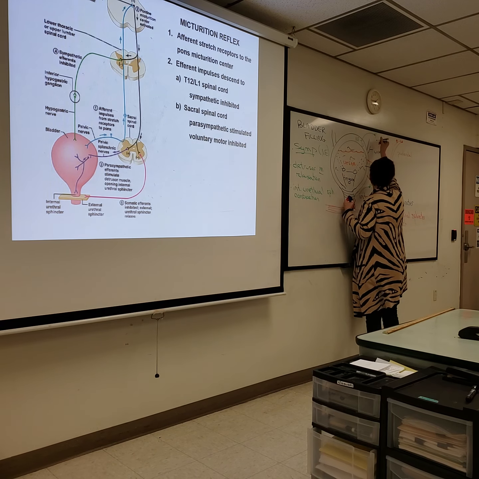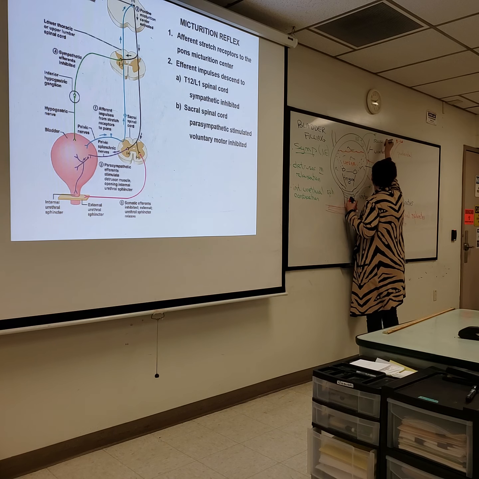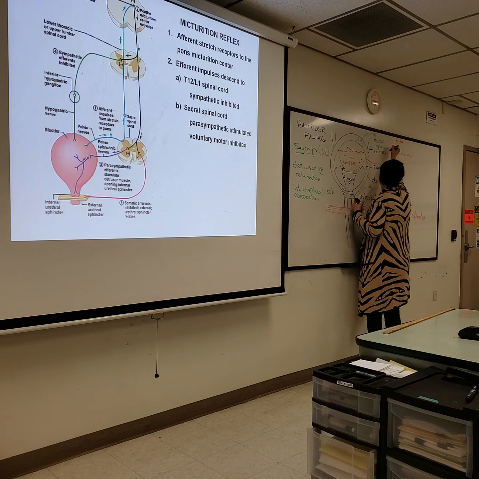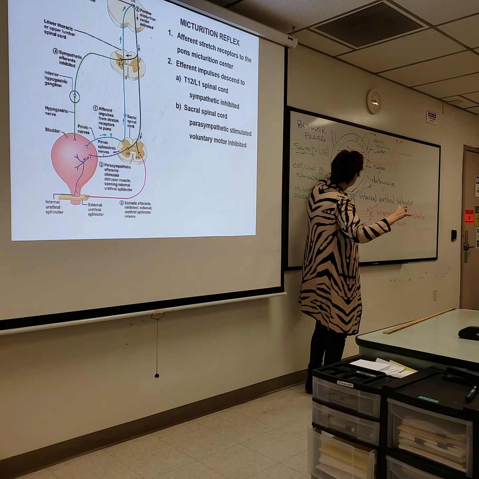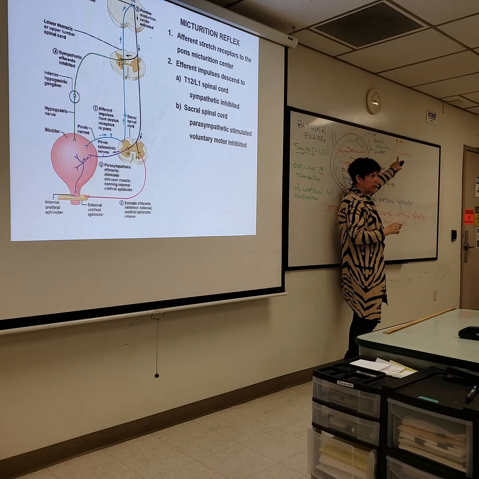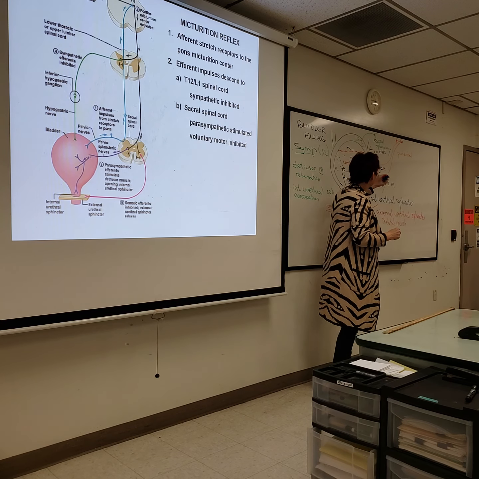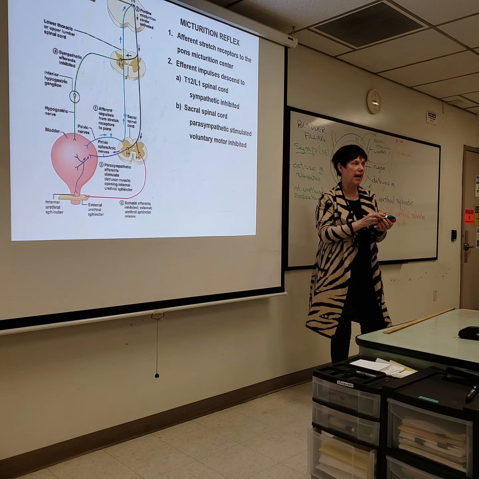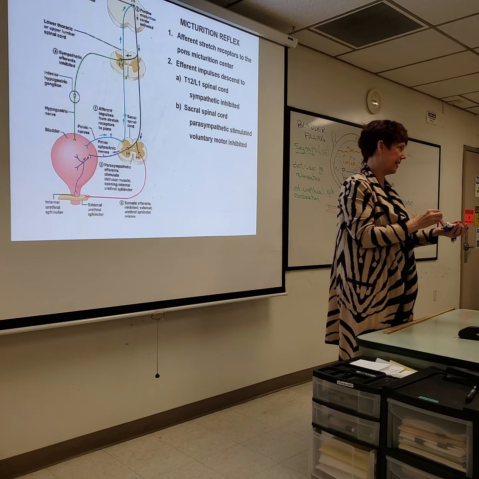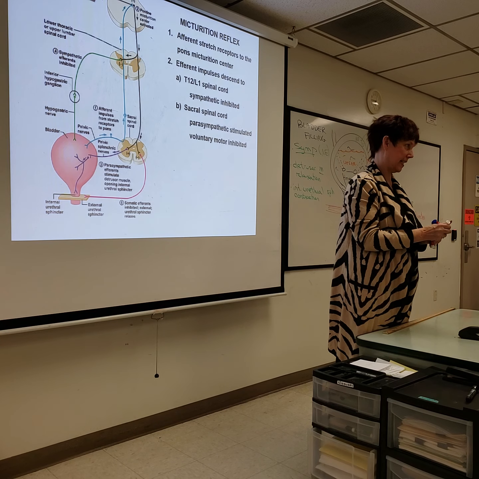So these are going to be sacral splanchnic nerves. As the bladder fills and sends sensory input back to the spinal cord, that's going to inhibit the sacral splanchnic and activate the parasympathetic system, which is pelvic splanchnic.